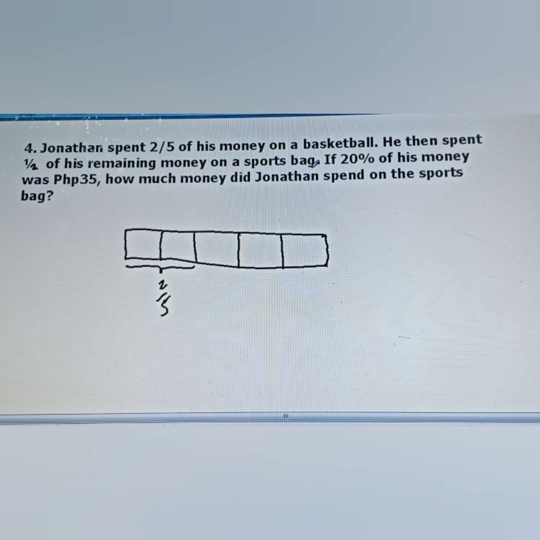Clear? Then he spent half of the remaining on the sports bag. These 3 parts are the remaining money, correct? So we need to get half of this remaining, which is the money spent on the sports bag. Half of this 3 is this portion here.